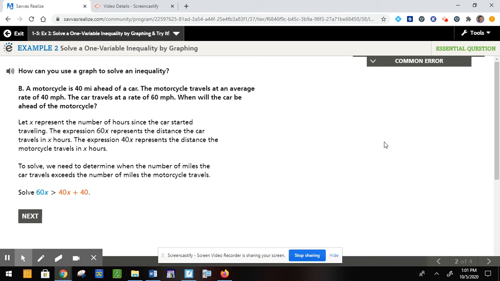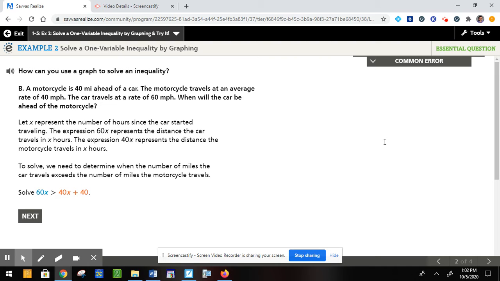All right, so you're going to let x represent time, specifically hours. The reason why we're going to use hours is because the unit of speed is given as miles per hour. So 60x is going to represent how far the car has traveled in x hours. 40x is how far the bike has traveled in that amount of time, x hours.